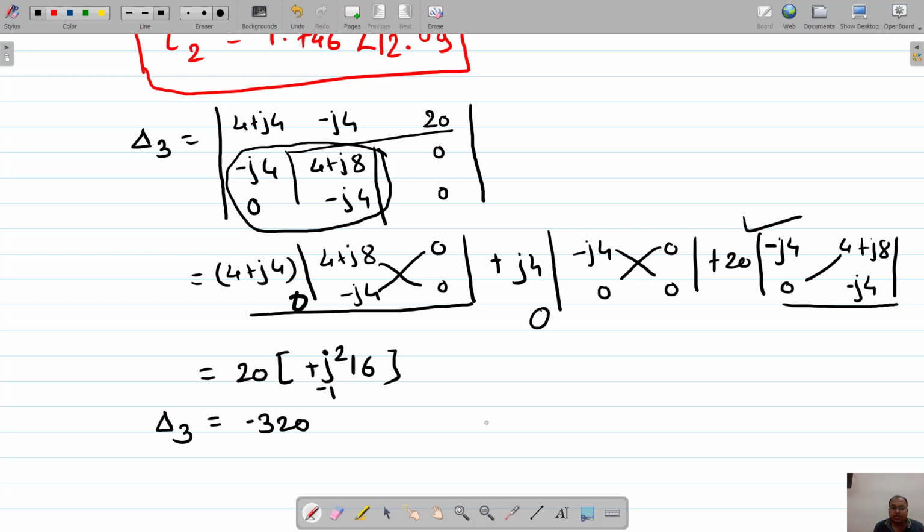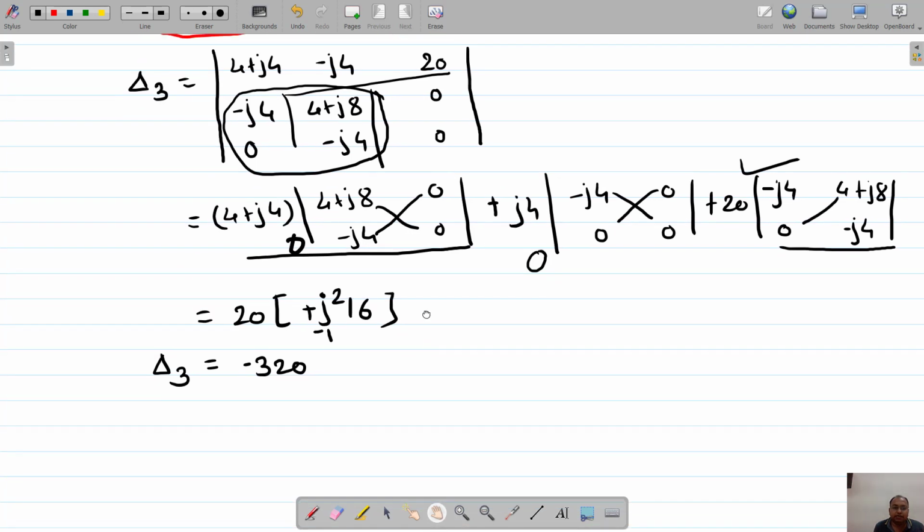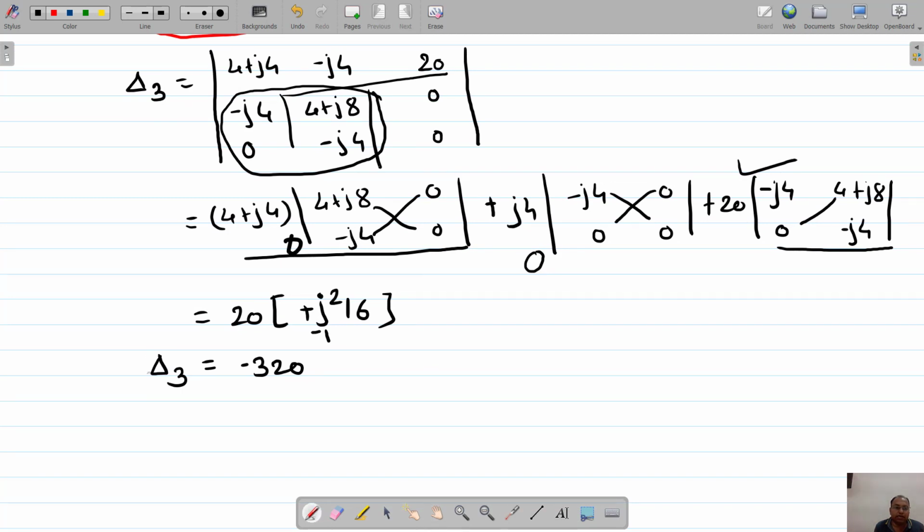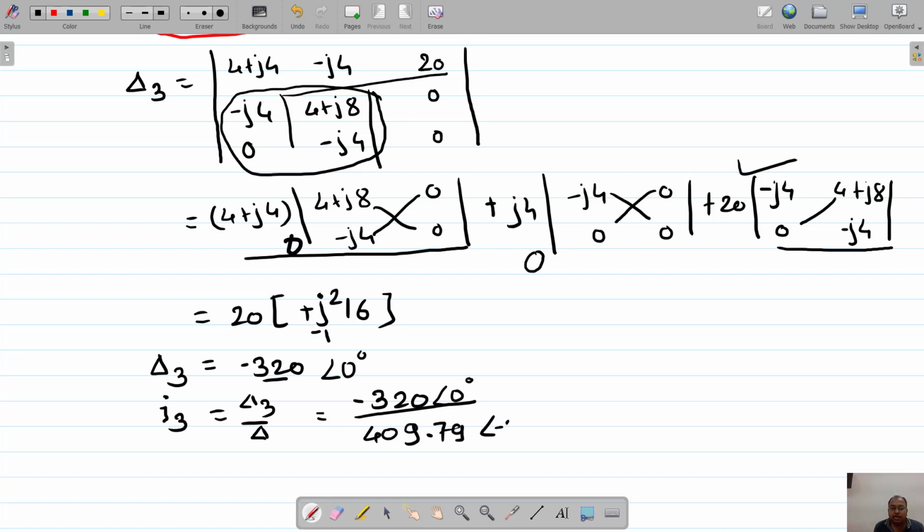Now let us calculate I3 from this. I3 is delta 3 divided by delta. Am I right? So what is delta 3? Delta 3 has only a real term value. As there is no angle, that indicates 0. So let me write it as angle 0, divided by 409.79, and the angle was minus 38.65. Directly do the division of real terms.